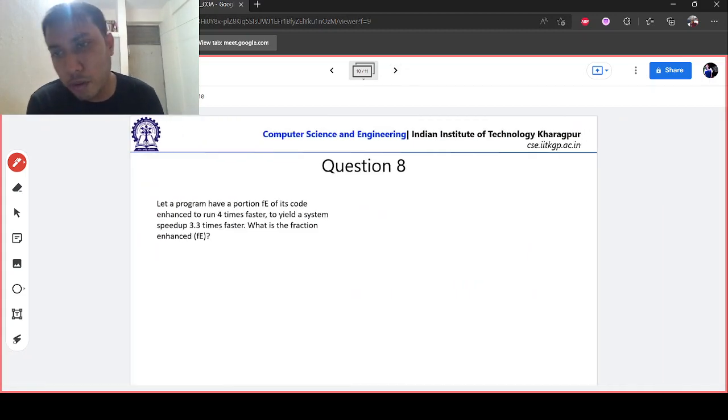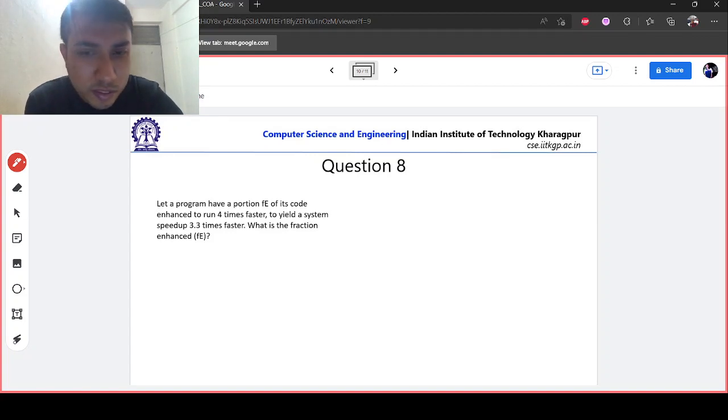Given a program, let a program have a portion f of its code enhanced to run 4 times faster, and the corresponding speedup for the system is 3.3 times. What is the fraction enhanced?